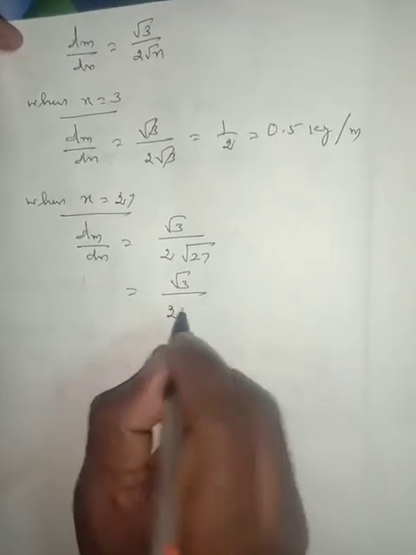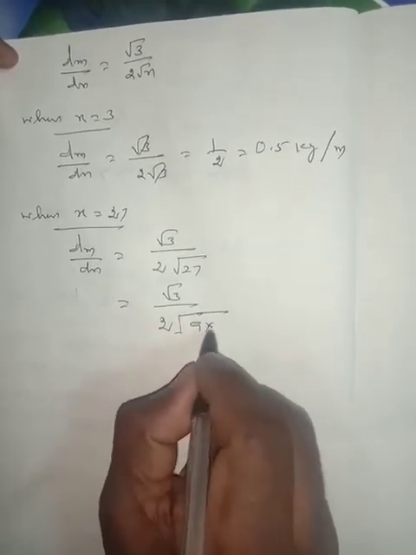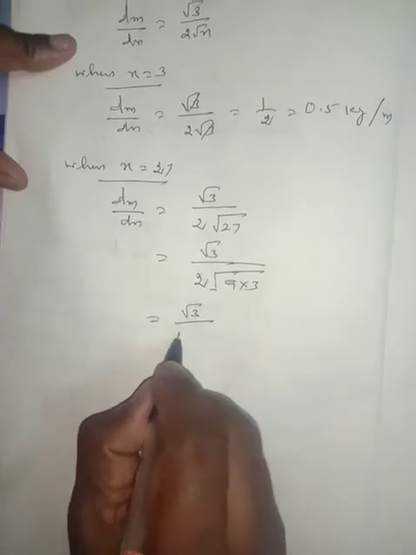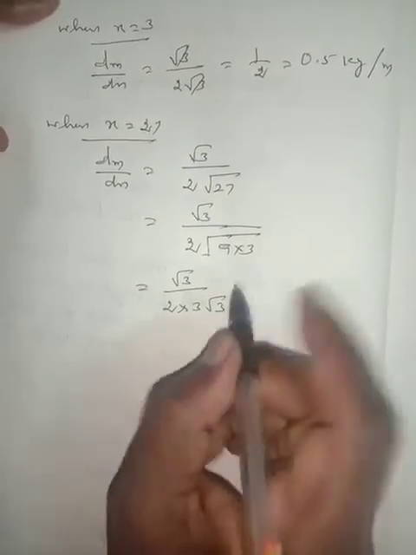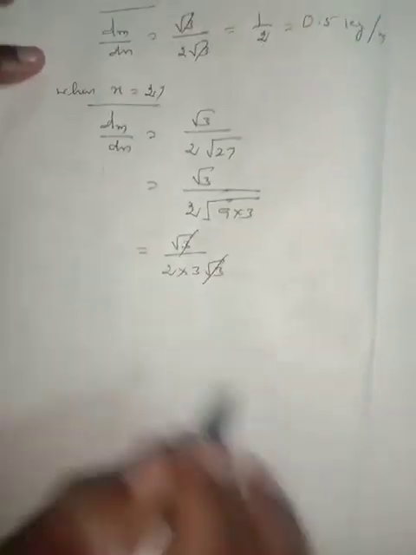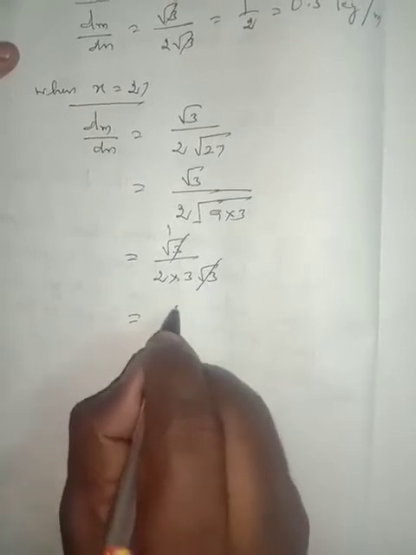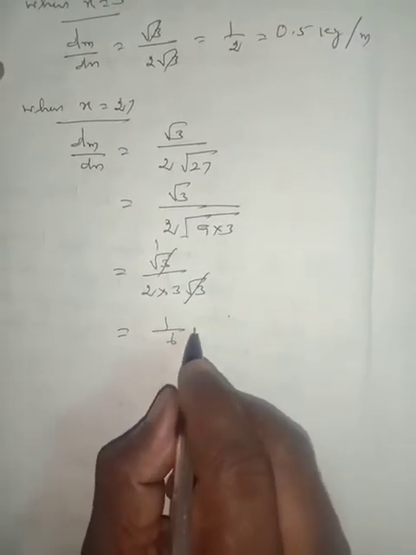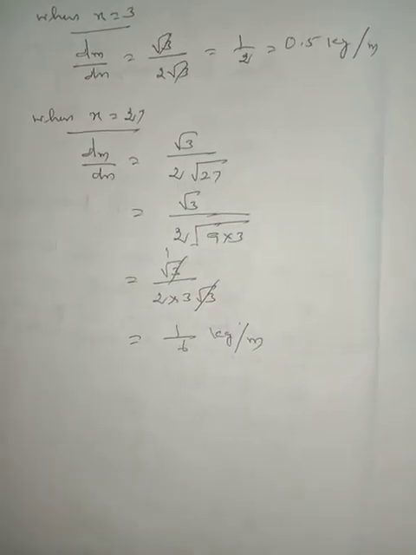Root 27 can be written in the form of root 9 into 3, which is 3 root 3. So root 3 divided by 2 into 3 into root 3. Cancelling these, we get 1 by 6 kg per meter.